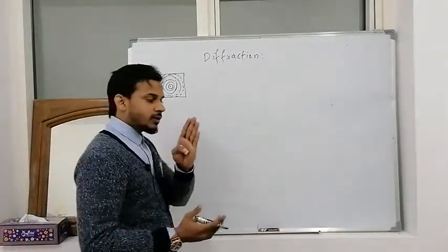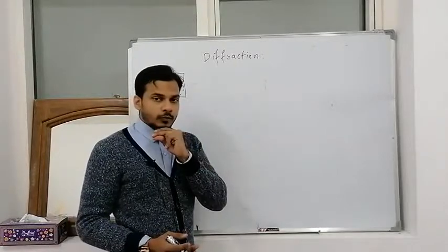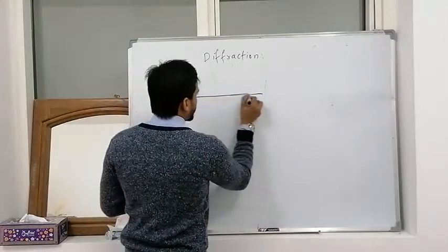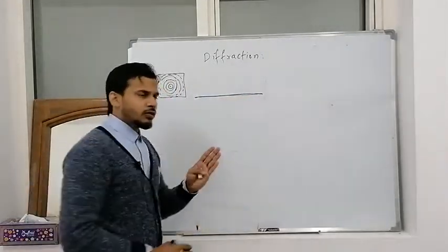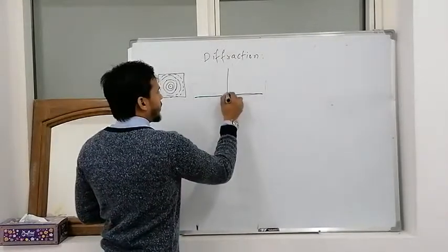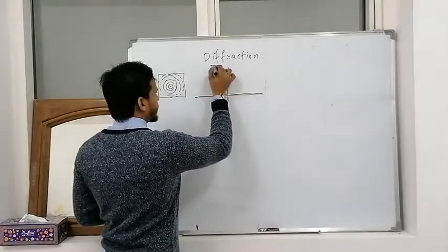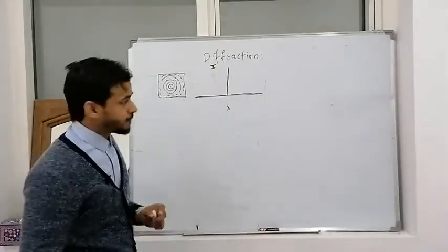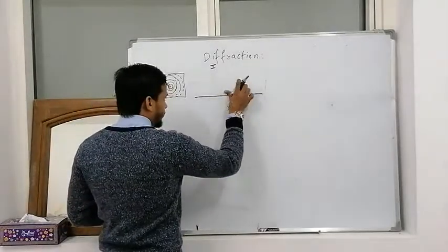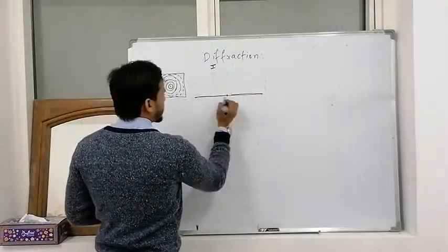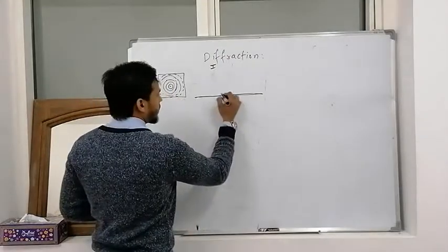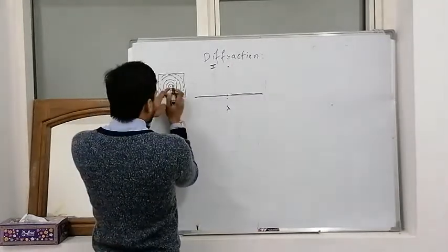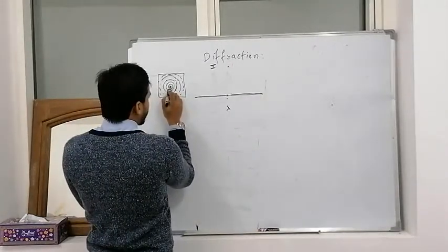So in the center there is a brightest point. I am telling you this because if you know before, you can understand better. If we draw the graph between intensity and path difference or wavelength of the light, what can we see? In the center, the intensity is maximum.